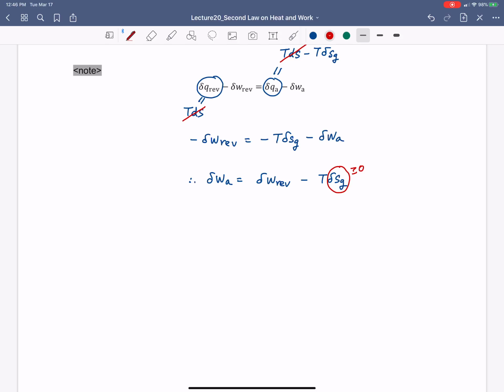Now, what you see is always delta WA, the actual work, is smaller than the reversible work. Again, remember that this is when we think about the work out.